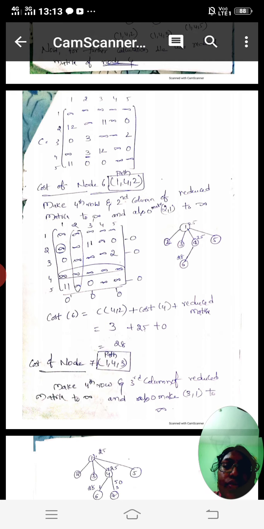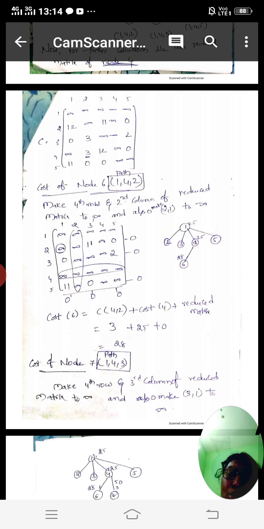Cost of 4,2: we look at node 1,4 above, the value at fourth row and second column is 3, plus cost of 4, which is 25, plus the reduced matrix (row minimization plus column minimization), which is 0. So 3 plus 25 is equal to 28.